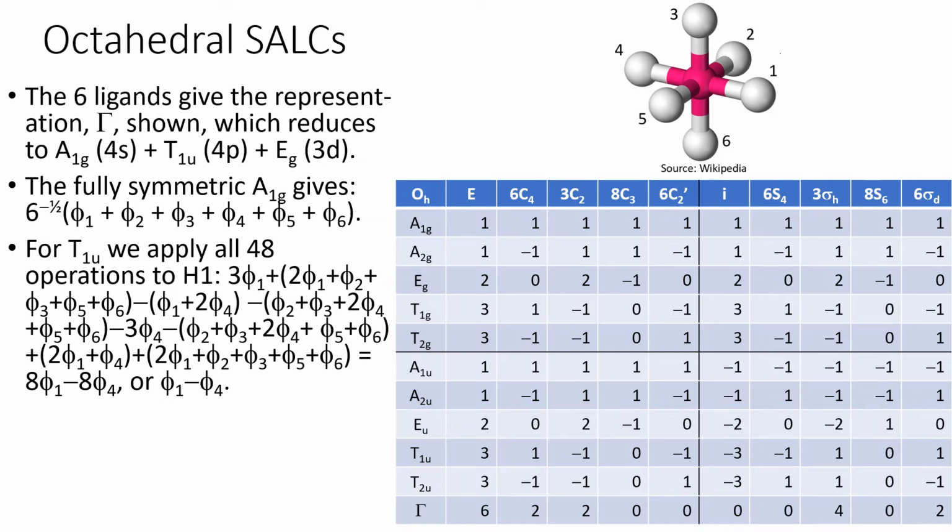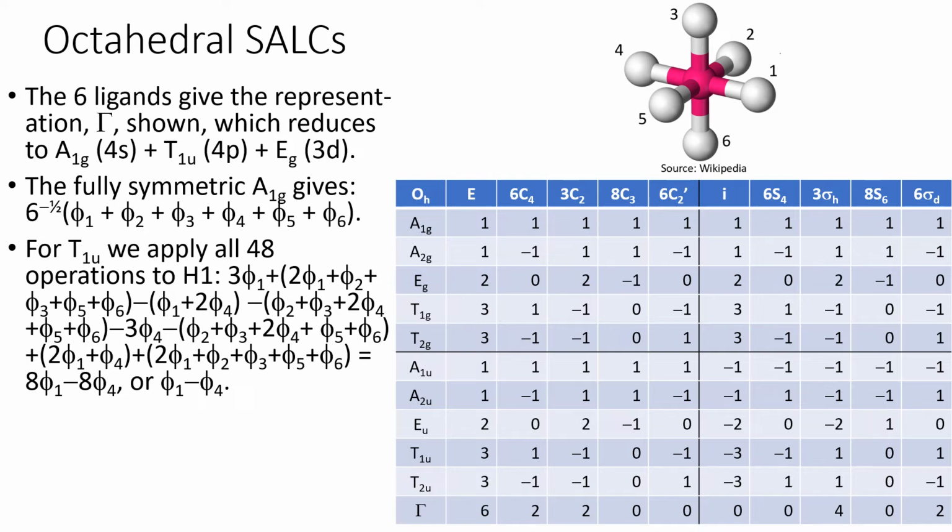We start there, and then we go across the characters. If we find the T1U irrep, the first character 3 is for the identity operation. And so clearly the H atom doesn't move, so we just return phi1, and we have a 3 in front of it because that's the character for that particular element in the table.